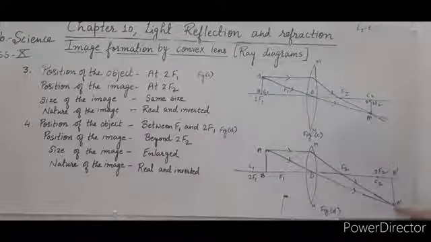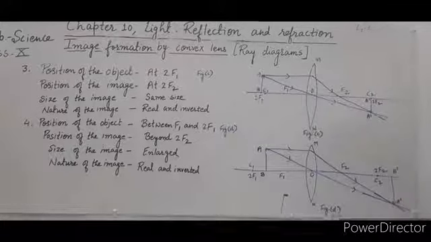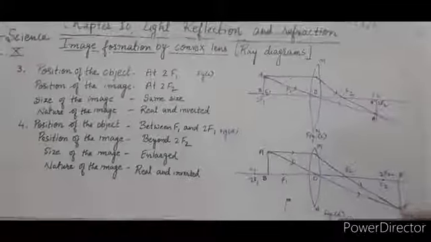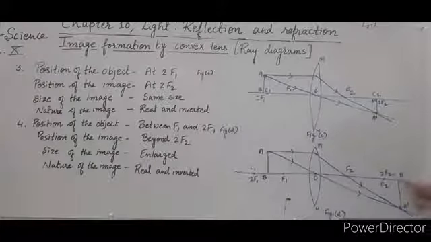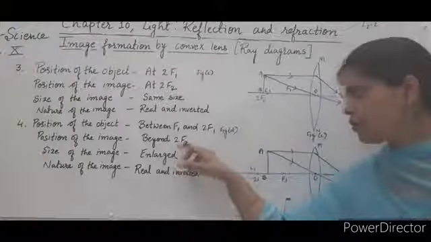These two rays meet at this point, so here image formation takes place. The image is formed beyond 2F2. So the position of the image is beyond 2F2.